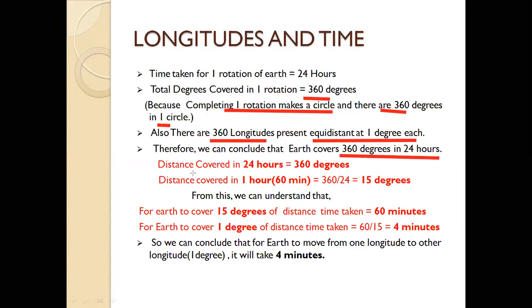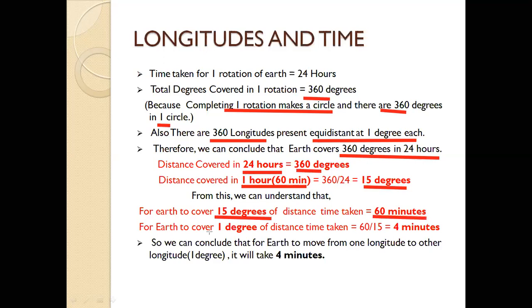Now come to distance covered. Distance covered in 24 hours कितना degree हुआ? 360 degrees. And distance covered in 1 hour, that is 60 minutes, will be 15 degrees. From this we can understand that for Earth to cover 15 degrees of distance, the time taken is 60 minutes, that is 1 hour.